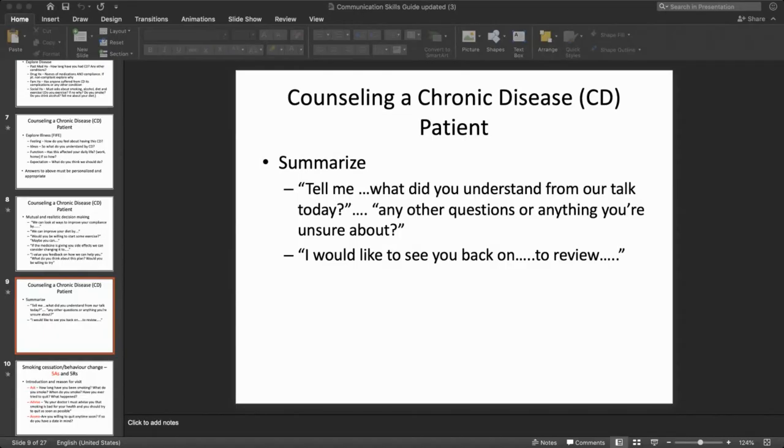So the OSCE really involves 3 stations based on the teachings and the communication skills. There's the OSCE for the clerkship, right? That you would have been imparted and taught during the clerkship.